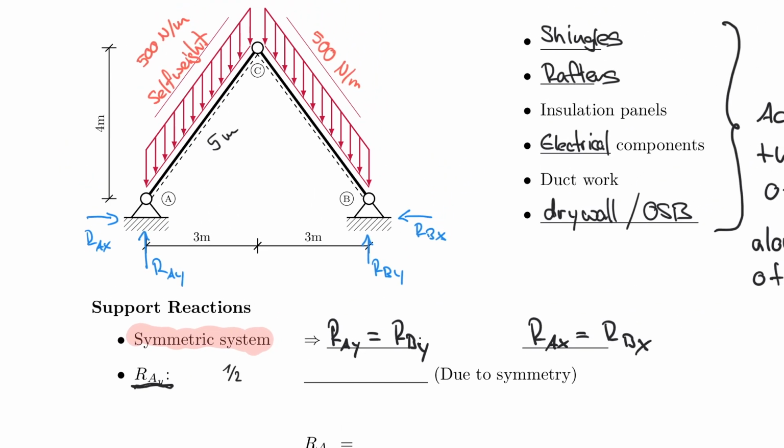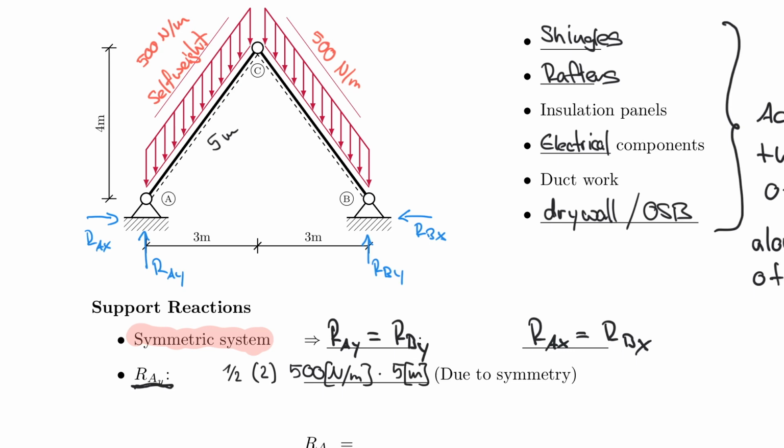How much self-weight do I have? I have the 500 Newton per meter over this length of 5 meters, and I have that effectively 2 times. So 1/2 times 2 times 500 Newton per meter multiplied by 5 meters.